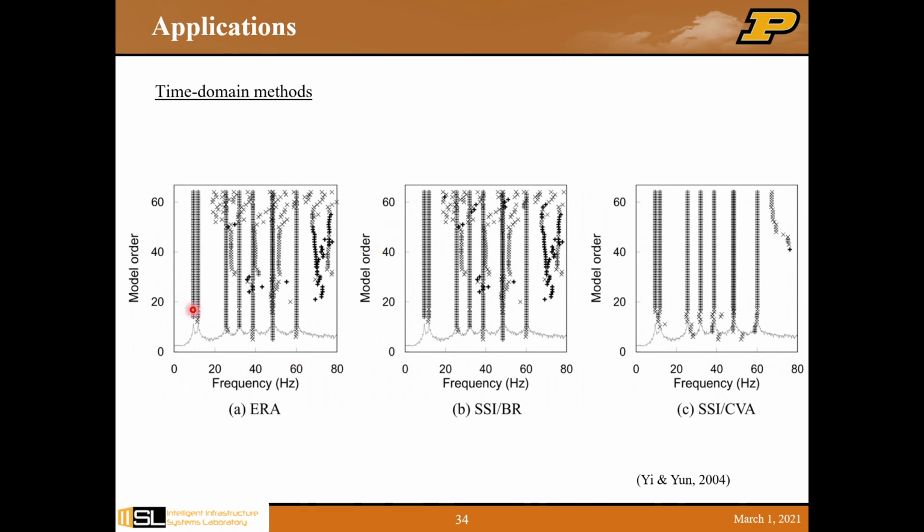First, second, third, fourth, fifth, sixth, seventh, and 8th. By looking at this diagram, we can conclude that SSI/CBA did the best job of identifying the modes, given that there's, I think, 20% or 10% measurement noise.